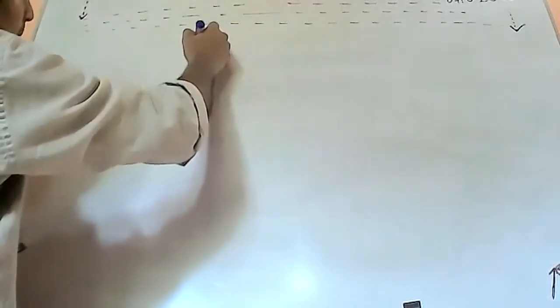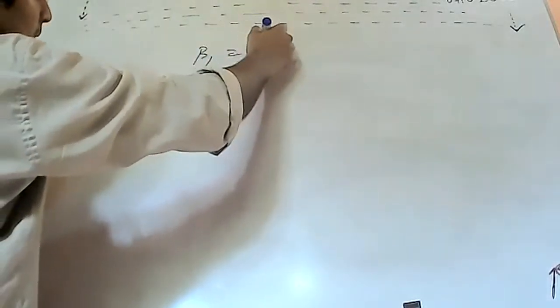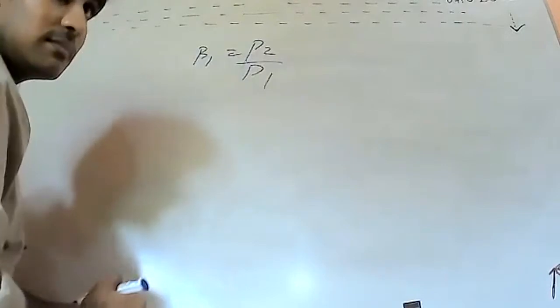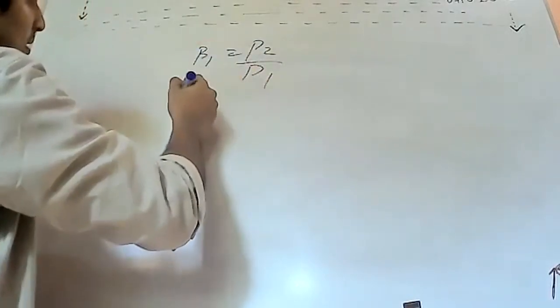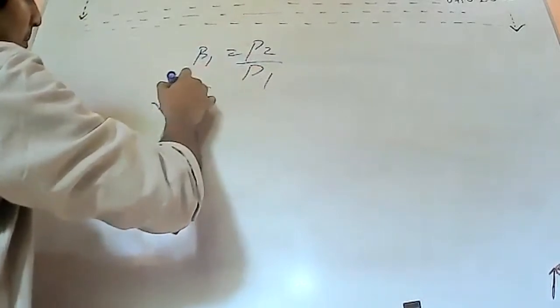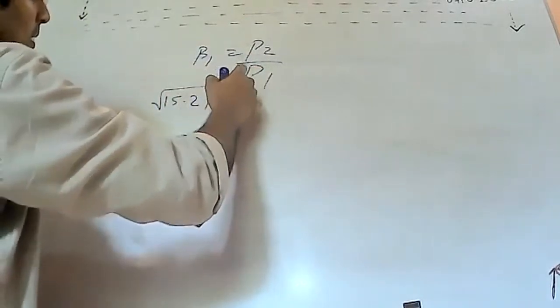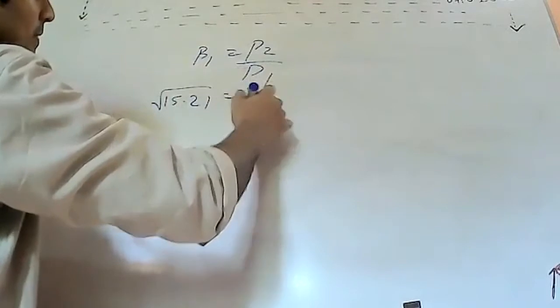So in case you want to find P2, I told you beta 1 equals P2 divided by P1. So what is beta 1 actually? That is beta, the root of 15.21, equals P2 divided by P1.